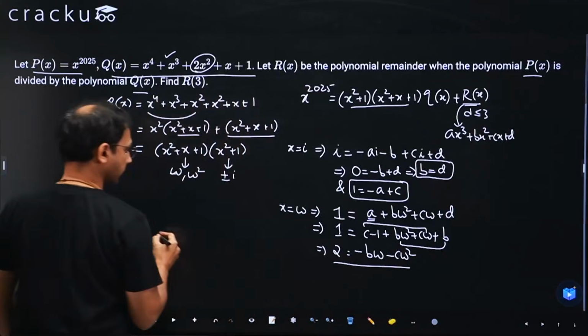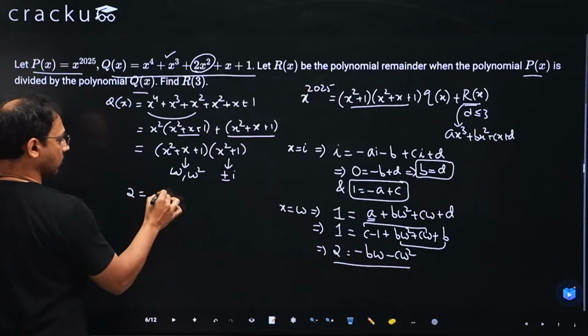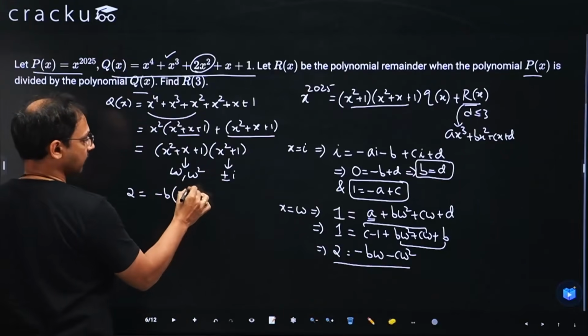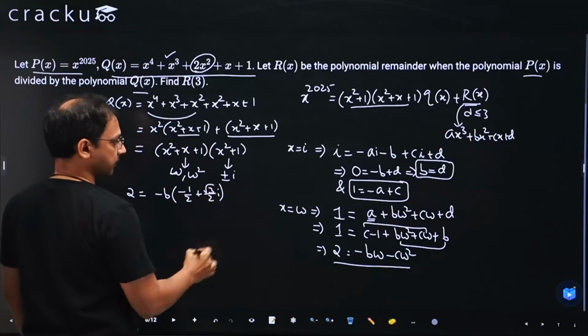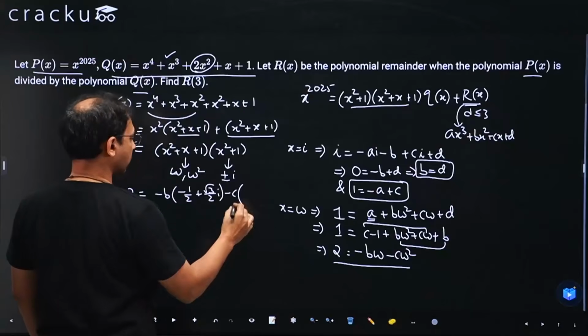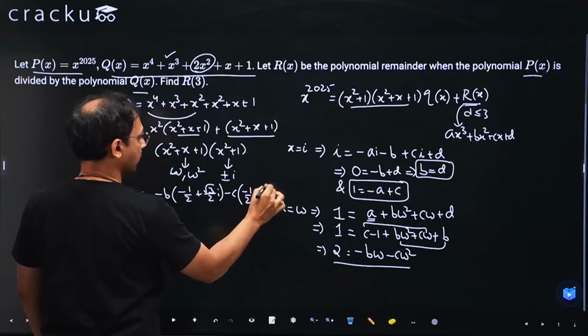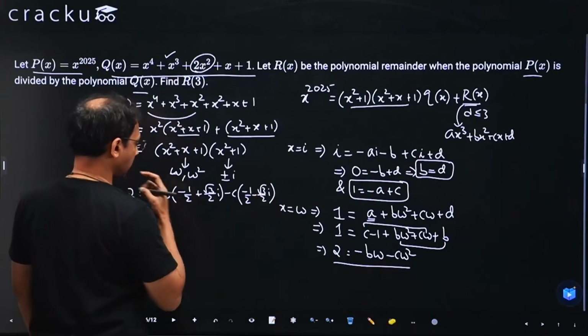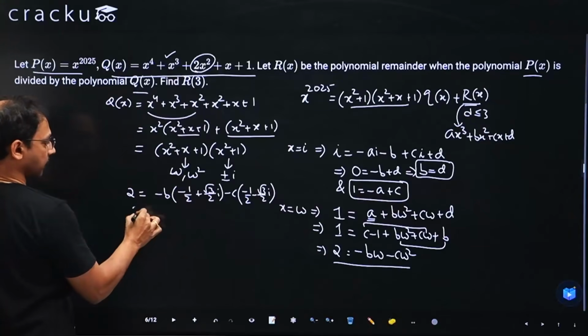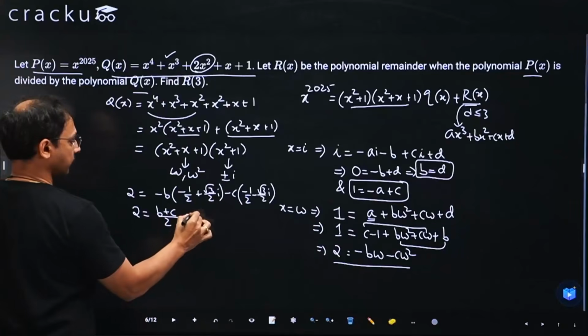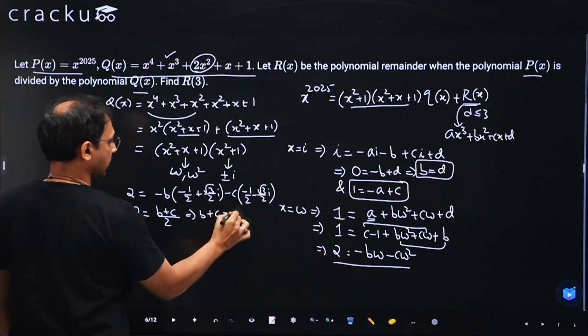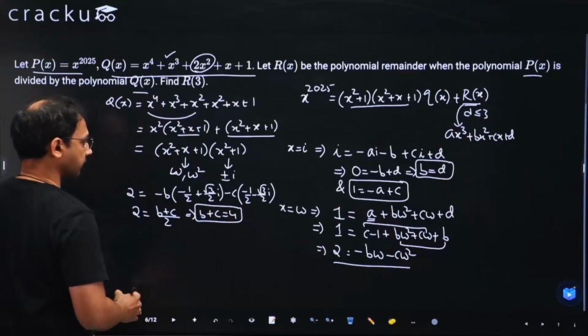Let's expand this. 2 is equal to minus b into omega value, which is minus half plus root 3 by 2 into i, minus c into omega square value, which is minus half minus root 3 by 2 into i. Compare the real parts. 2 is equal to b plus c by 2, or b plus c is 4.